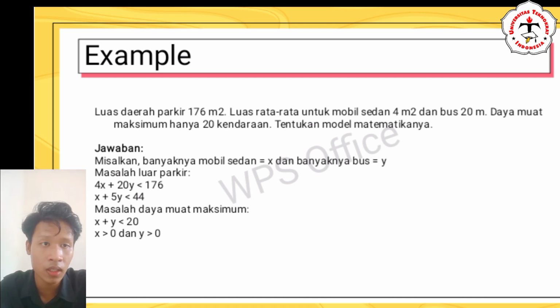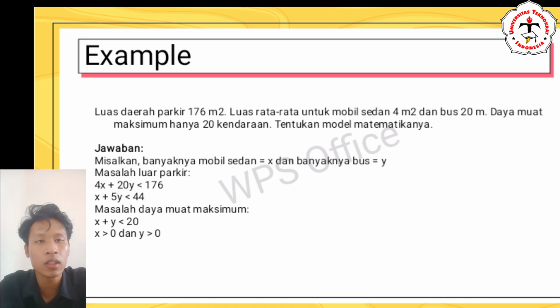Misal banyaknya mobil sedan kita artikan sebagai X, dan banyaknya bus sebagai Y. Masalah luas parkir kita tulis sebagai 4X plus 20Y kurang dari sama dengan 176. X tambah 5Y kurang dari sama dengan 44.